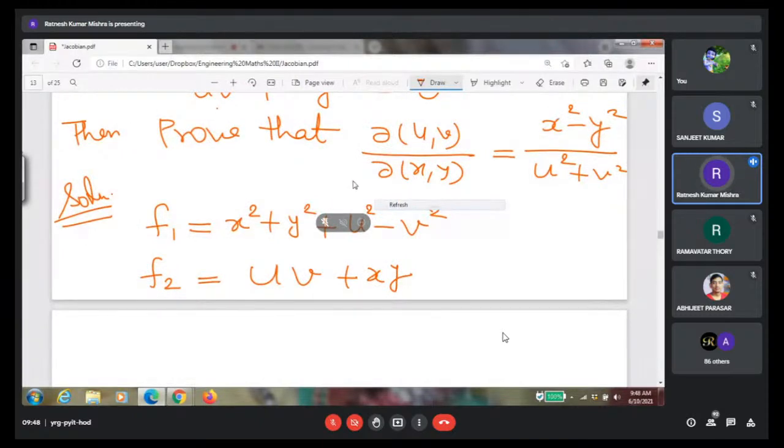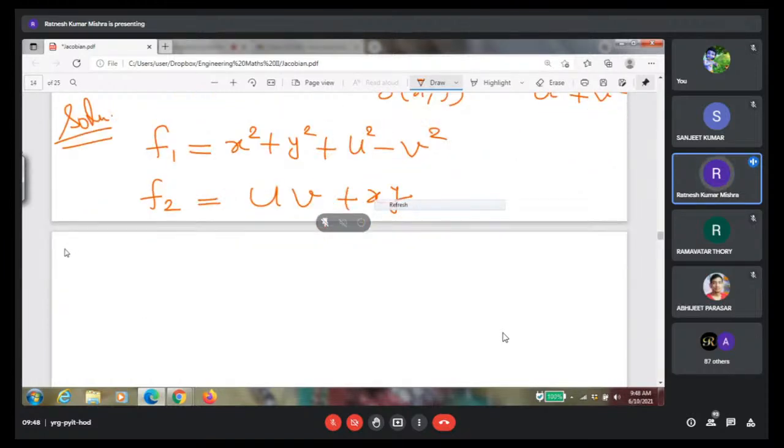For this one, find the Jacobian of u, v with respect to x, y.